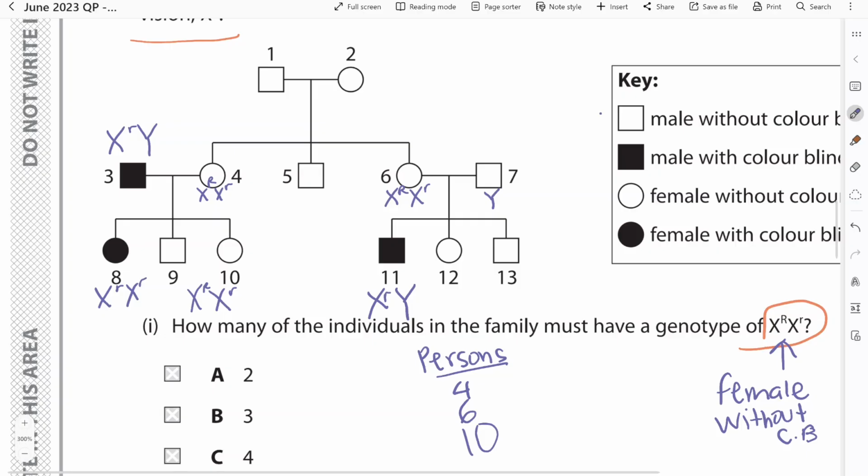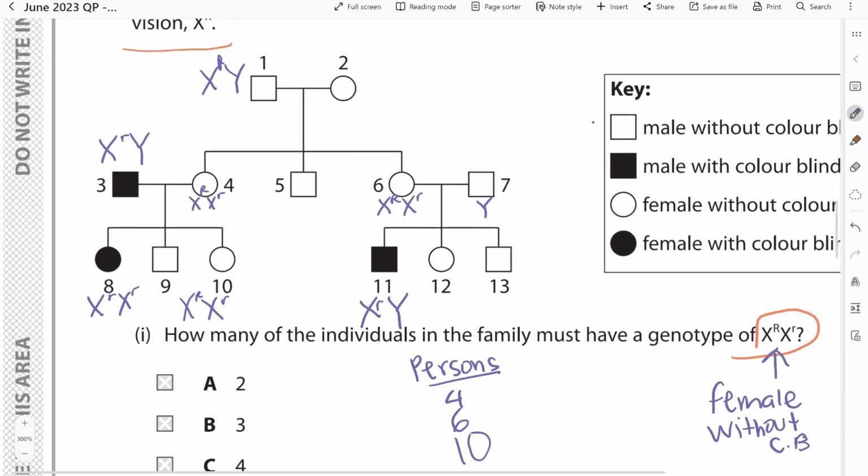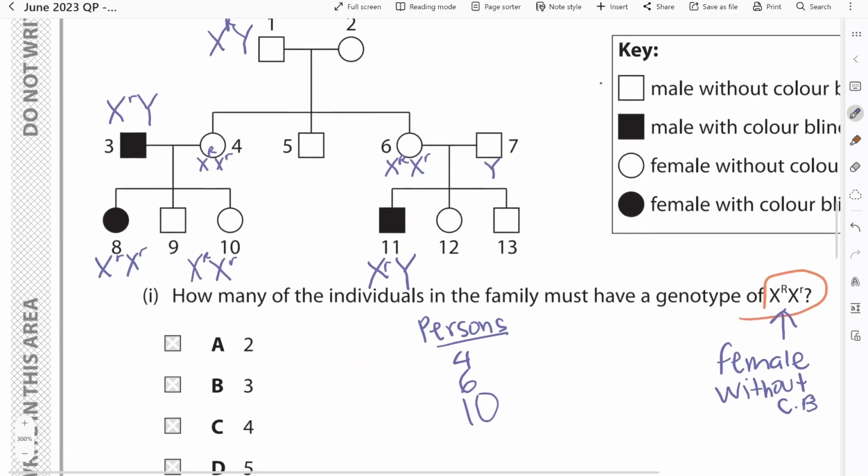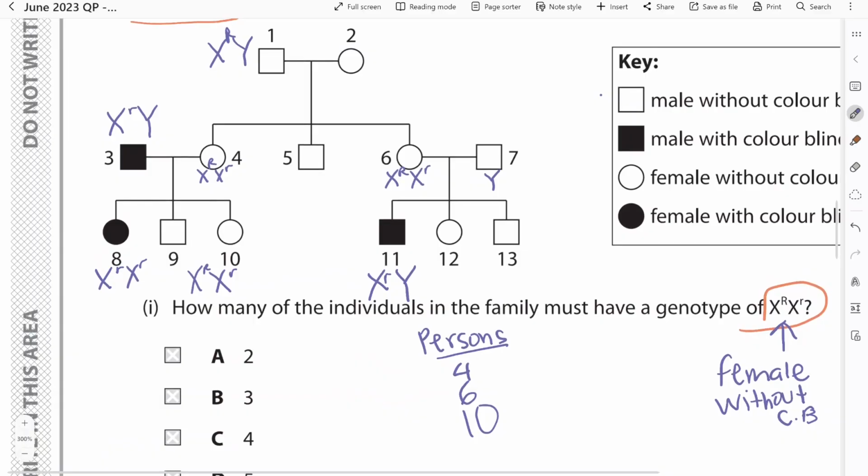All right, the last individual is person number 2. The reason why is individual number 1 is a male, so I'm going to write XY. But this person does not have color blindness, meaning they have the dominant allele. Now, they have 2 kids, number 4 and number 6, that are heterozygous.